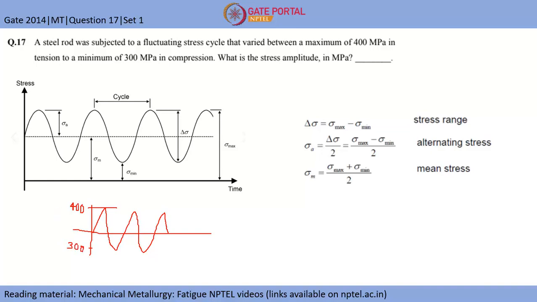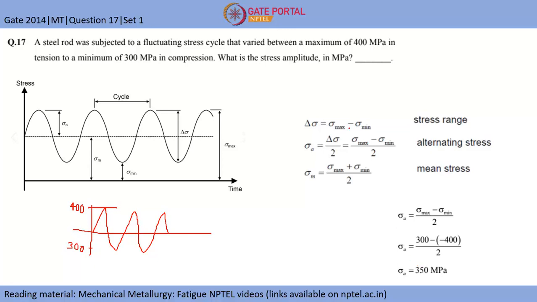Here the maximum is 400 in tension and the minimum is 300 in compression. Now, to find this value, sigma A will be given by sigma max minus sigma min by 2. So you have to add these two values and divide by 2. The answer will be 350 MPa.